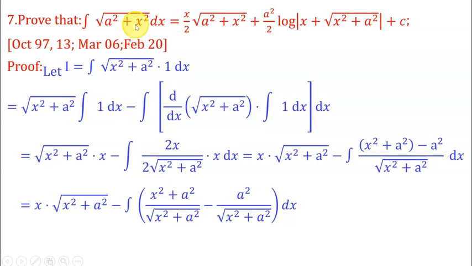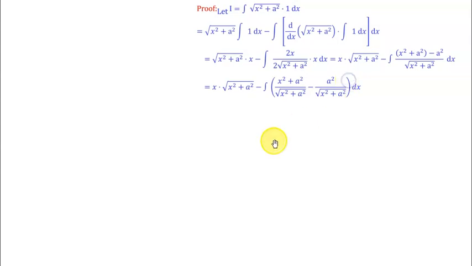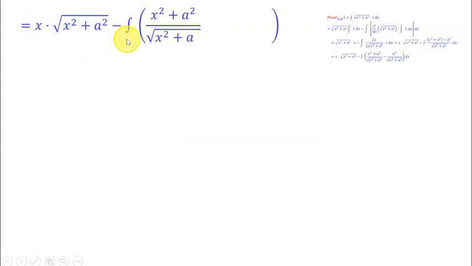So now this is x into root of x square plus a square minus integral of x square plus a square upon root of x square plus a square minus a square upon root of x square plus a square, dx.